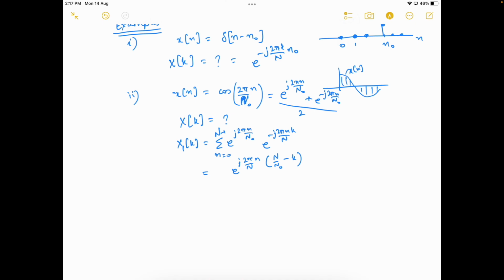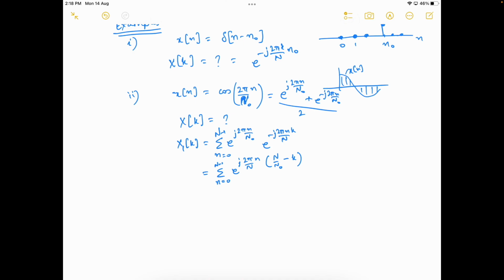Is this correct? And the summation: you know the exponential of this term, when you sum over the entire thing, it will be 0 if n upon n naught minus k is not 0 or not a multiple of N. It will be non-zero only when they match, right?